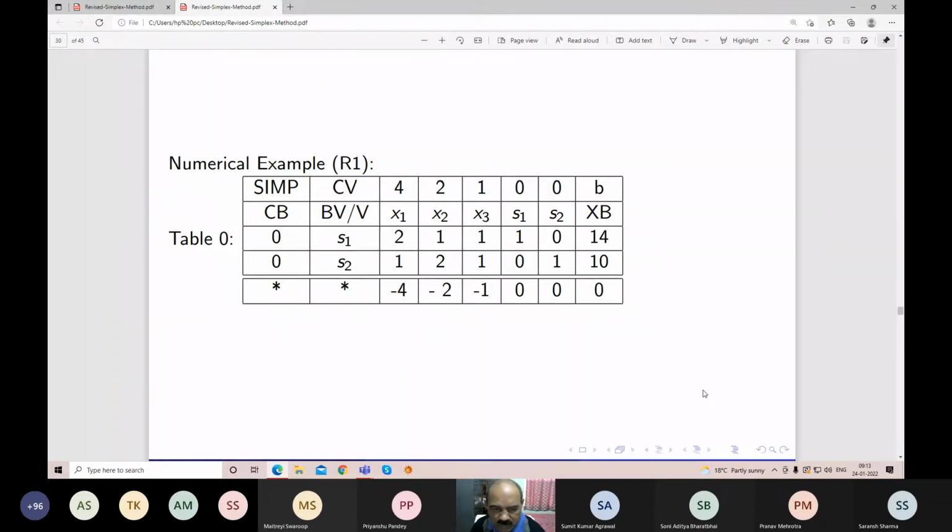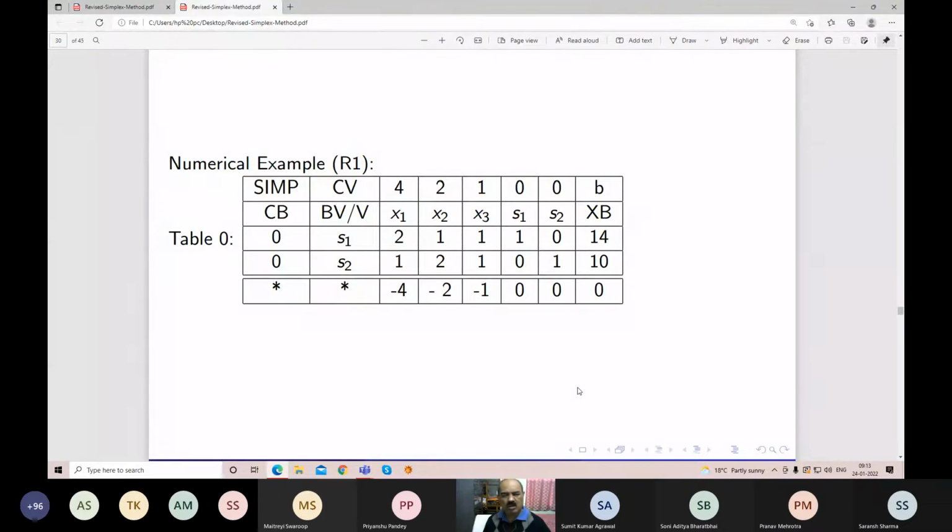There are 5 columns. The first column we are naming as P1. The elements are 2 and 1. Second column 1, 2, P2. Third column 1, 1. And the fourth column is 1, 0. And the fifth column is 0, 1.